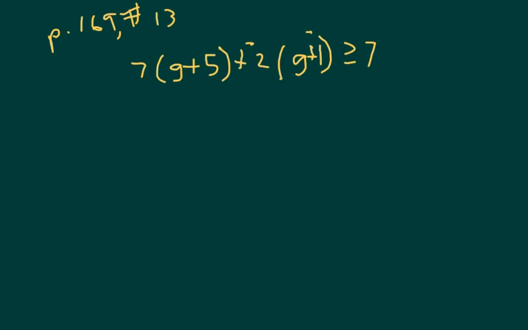So when I go to simplify it using the distributive property, 7 gets multiplied by g, and then I'm going to add that to 7 times 5. So it's going to be 7g plus 7 times 5 gives me 35. Plus negative 2 times g, which results in negative 2g.